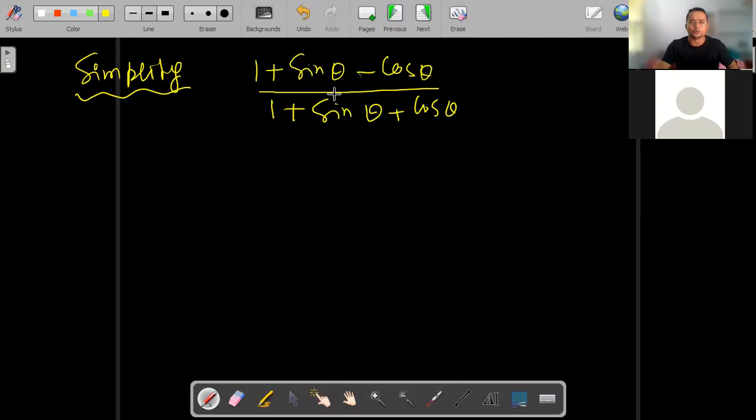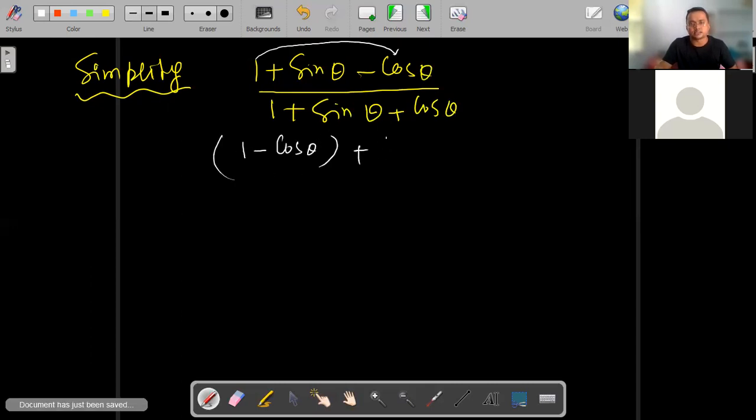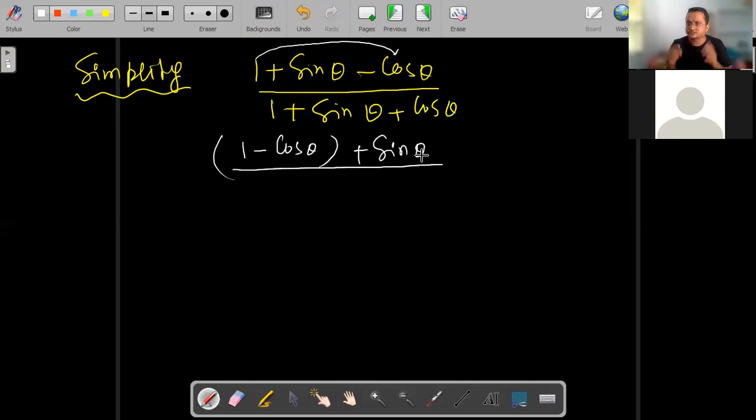So see what we can do. We can separate the numerator as 1 minus cos theta plus sine theta, and the denominator as 1 plus cos theta plus sine theta.